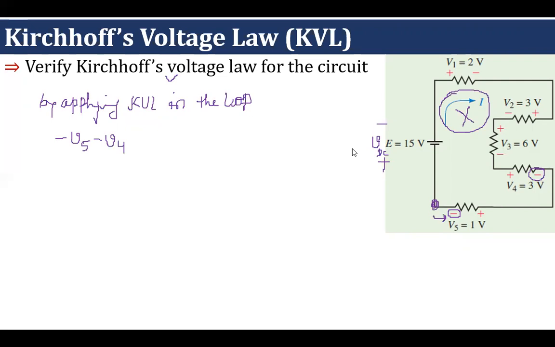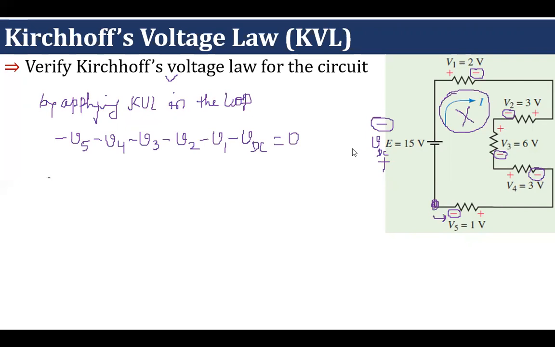Again I will see minus sign, so minus V3. Again minus sign, so minus V2. Again minus sign, so minus V1. And again I will see minus sign, so minus VDC is equal to 0.